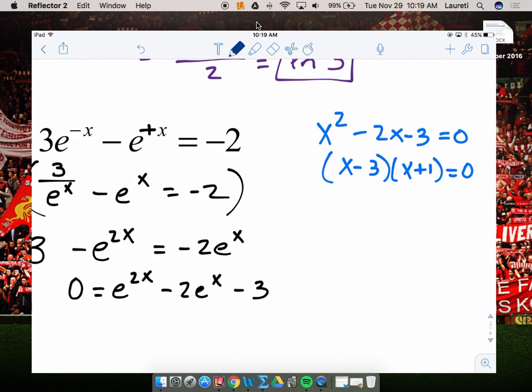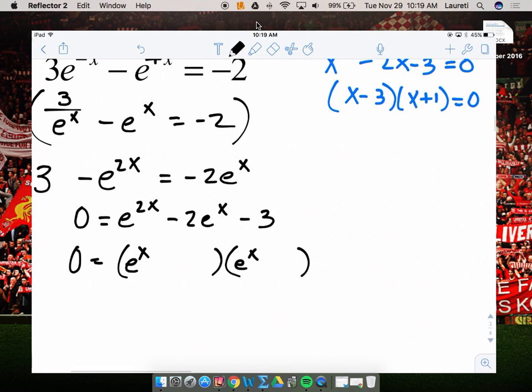Right. So when you factor it, one binomial would have e to the x, the other one would also have e to the x. So you're looking for factors of negative 3 that add up to negative 2, which would be that.